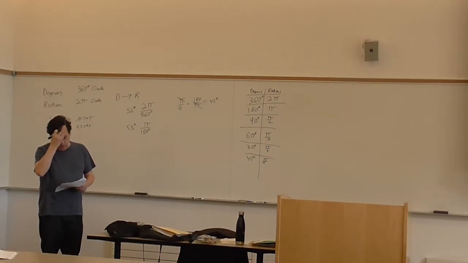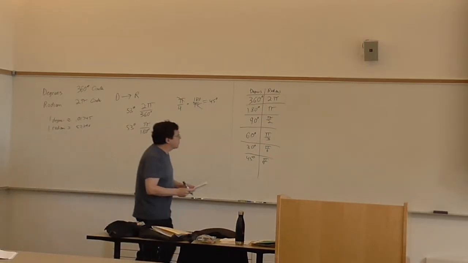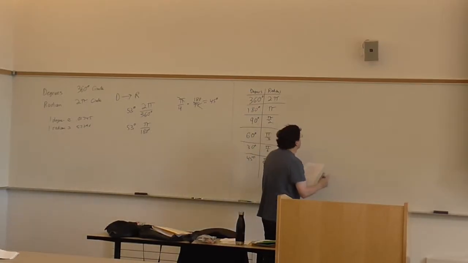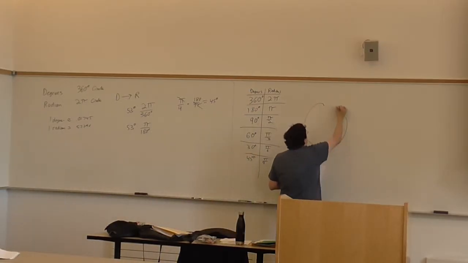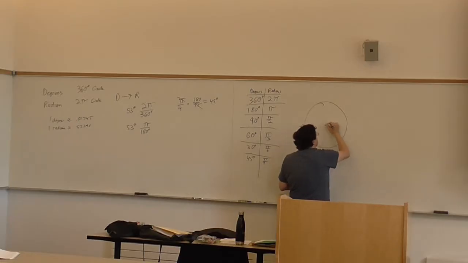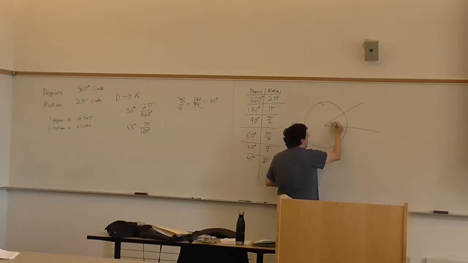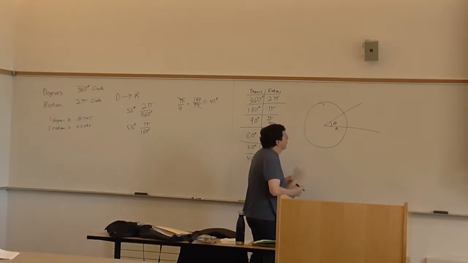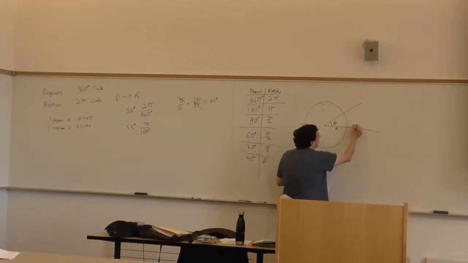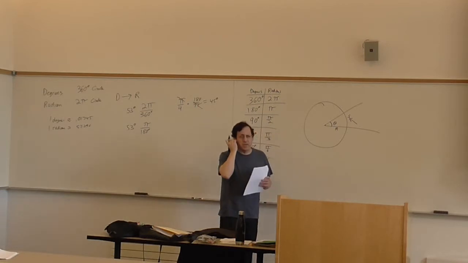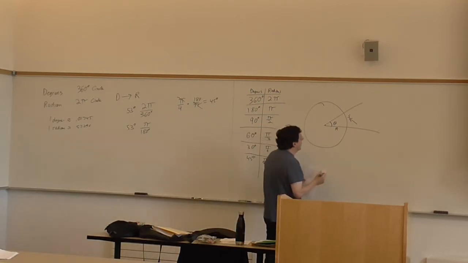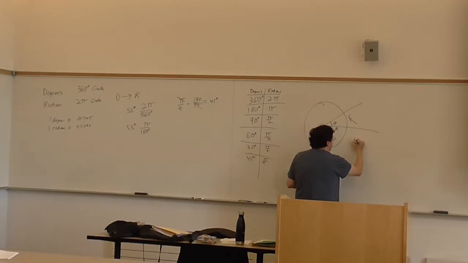So, last thing I'm going to remind you, this feature of radian measure, which is if you have an angle in radian measure, and you know the radius of your circle, you know the length of the arc it subtends. It's just r theta is going to equal s.